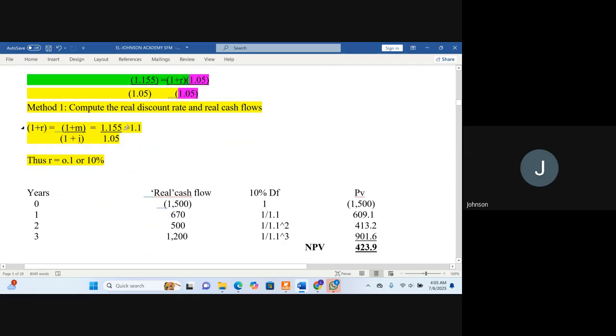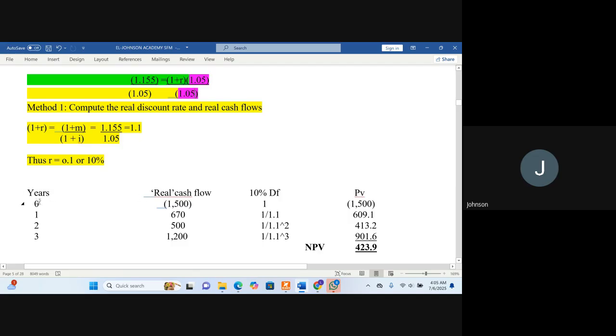Once you solve this mathematically, you now say R equals 0.1 or 10%. That is what our R is, because you need to multiply it by 100. 10%, 1.1.